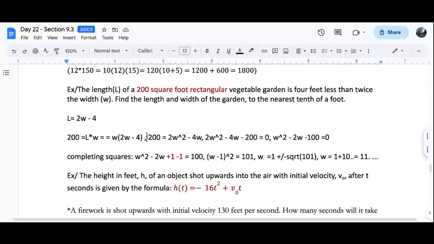So we want to move 200 to the other side. Subtract 200 on both sides, we get 2W squared minus 4W minus 200 equals 0. Now we see every term, all 3 terms, have 2 as a factor. We just divide everything by 2. When we do that, we get W squared minus 2W minus 100 equals 0, because 0 divided by 2 is still 0.